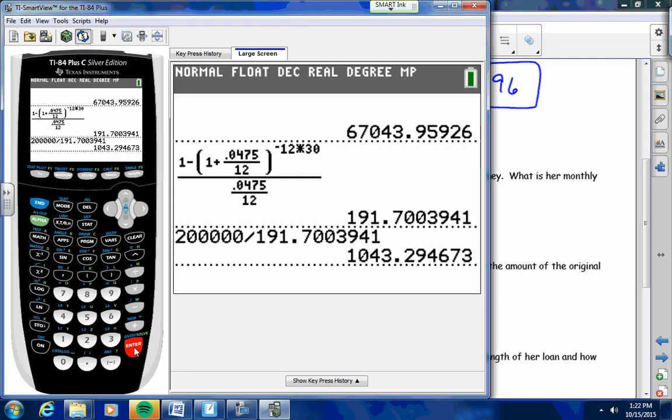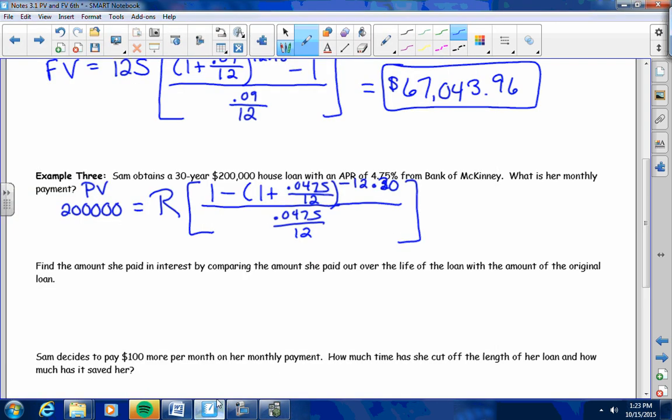That's per month. It's a dollar amount, so round to the nearest hundredth. The 191.7, take that all the way. You don't want to round that one. So that is $1,043.29. That's the monthly payment for a $200,000 house.